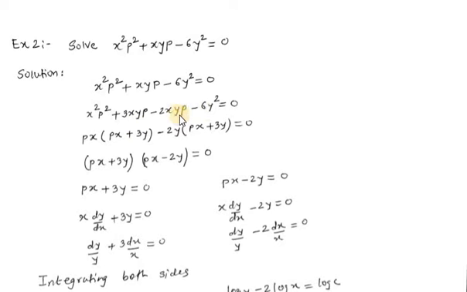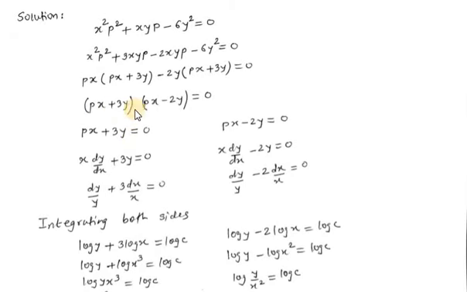Then after taking minus 2y common from these two terms, in the bracket we have px plus 3y. This is equals to 0. So in one bracket we have px plus 3y, and in the second bracket we have px minus 2y equals to 0. So we have px plus 3y equals to 0 or px minus 2y equals to 0.